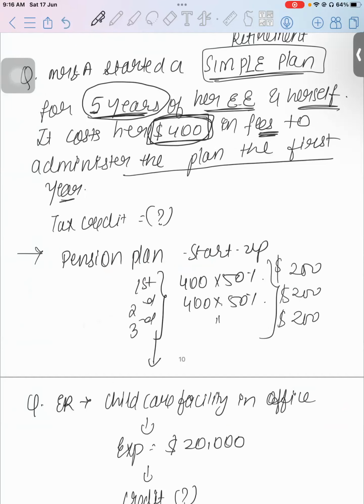But remember this thing, 200 into 3 comes to 600. Your actual expense is just 400. So in the third year, again, you can't take. Only for 2 years you can take, 200 and 200. It should not go more than the actual expense.